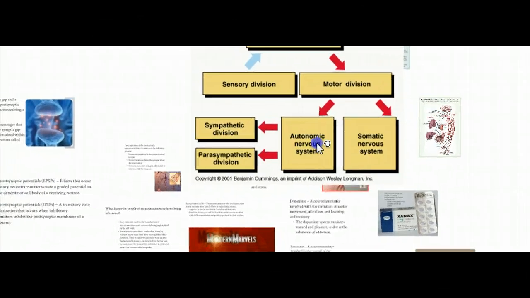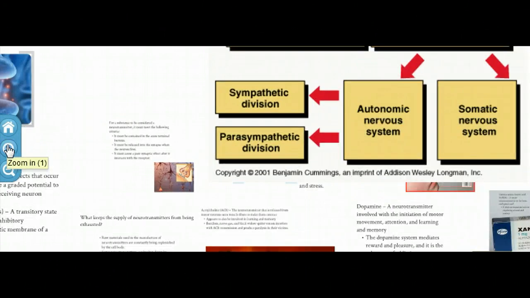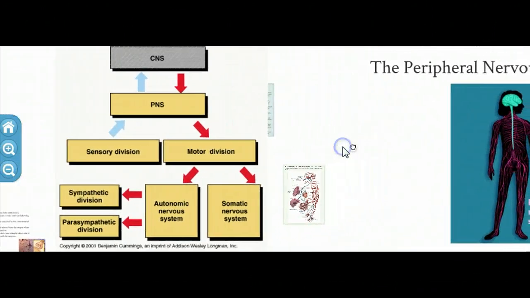There's a couple divisions of the autonomic nervous system: the parasympathetic division and the sympathetic division. Both of these are very, very important, and you need to know the difference. We'll start with the sympathetic nervous system. I'll bet you've heard the term fight or flight. A lot of students think that that's the same thing.